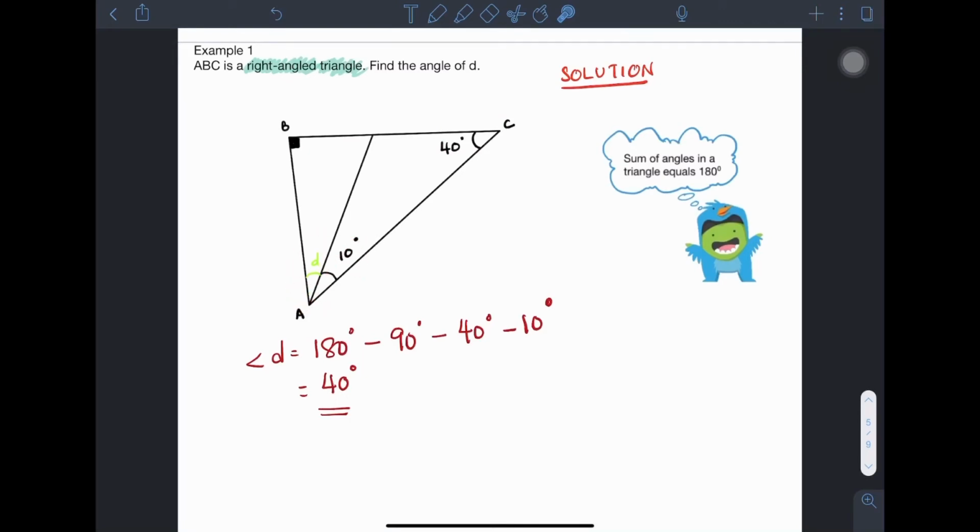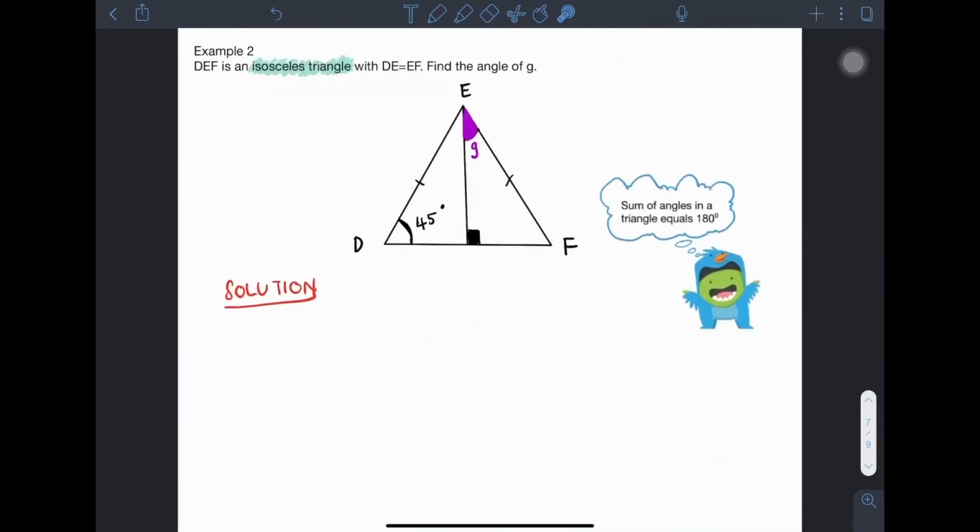Okay? Alright, let's try another example. Example 2. DEF is an isosceles triangle with DE equal to EF. You should have known the properties of an isosceles triangle. The first property is that the opposite angles will always be equal.